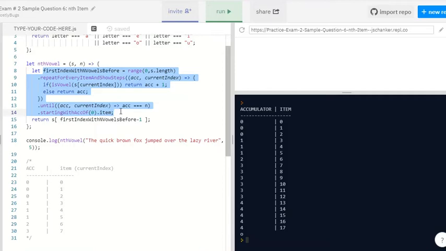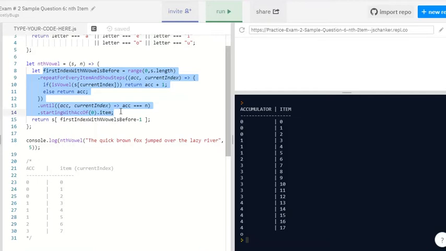So it means that at position 18, there are 5 vowels before position 18, right? And it was the first such one where there were 5 vowels before position 18.